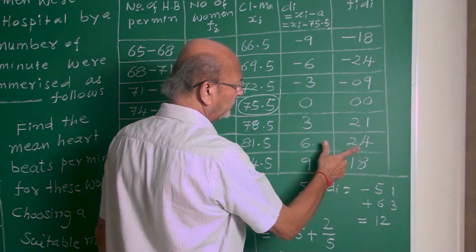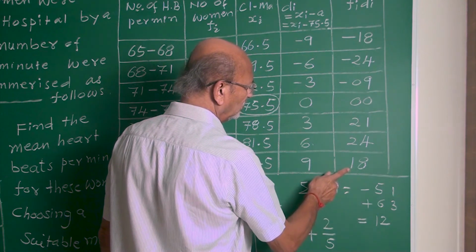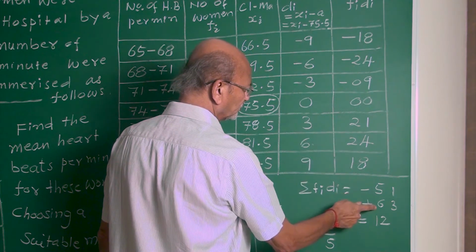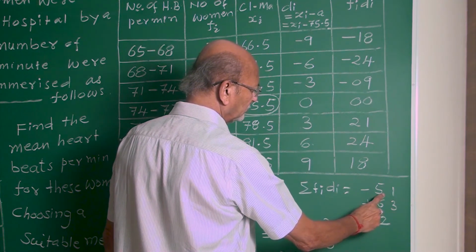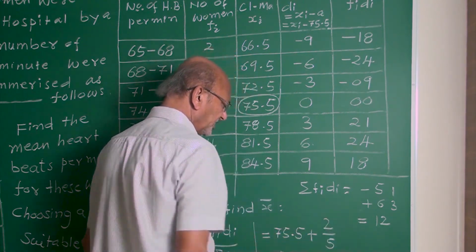The positives: 21 plus 24 plus 18 is 63. Plus 63 minus 51 gives plus 12. It is sigma Fi Di.